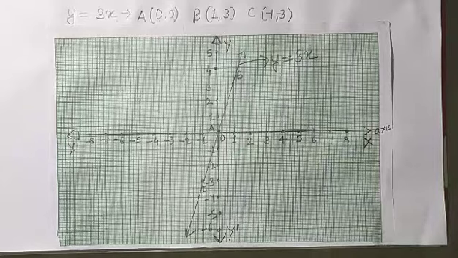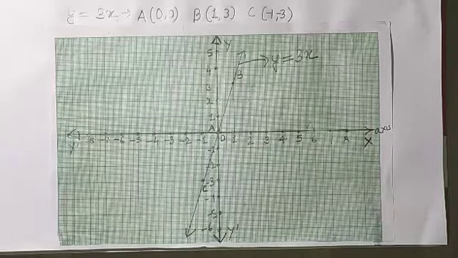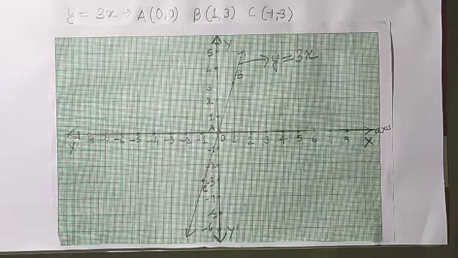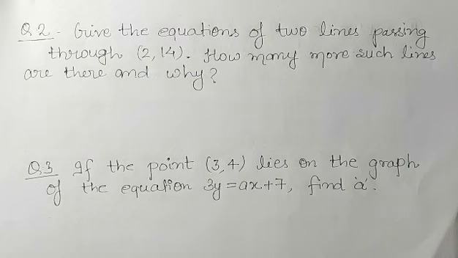Like this you can solve questions related to drawing the graph of linear equations in 2 variables. These are very easy types of questions. Whatever parts are left for question number 1, you will solve yourself with the help of the question I have shown you.